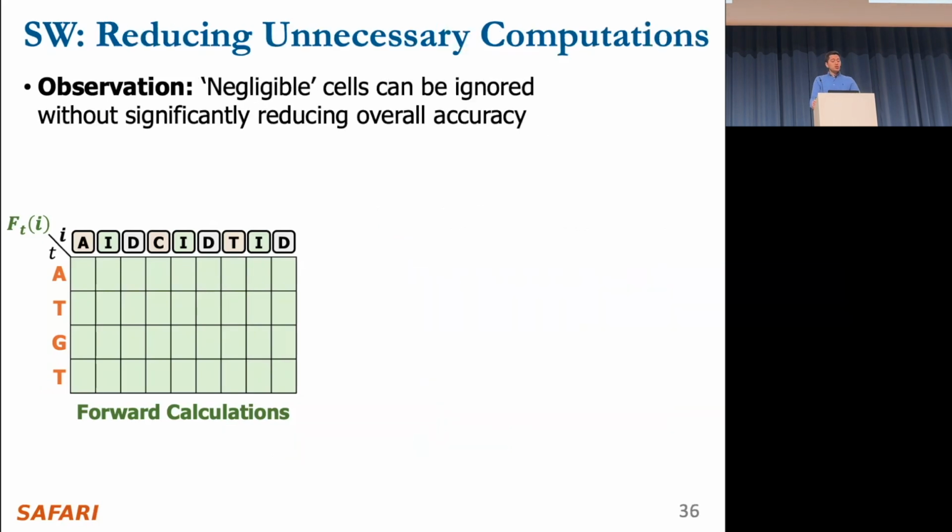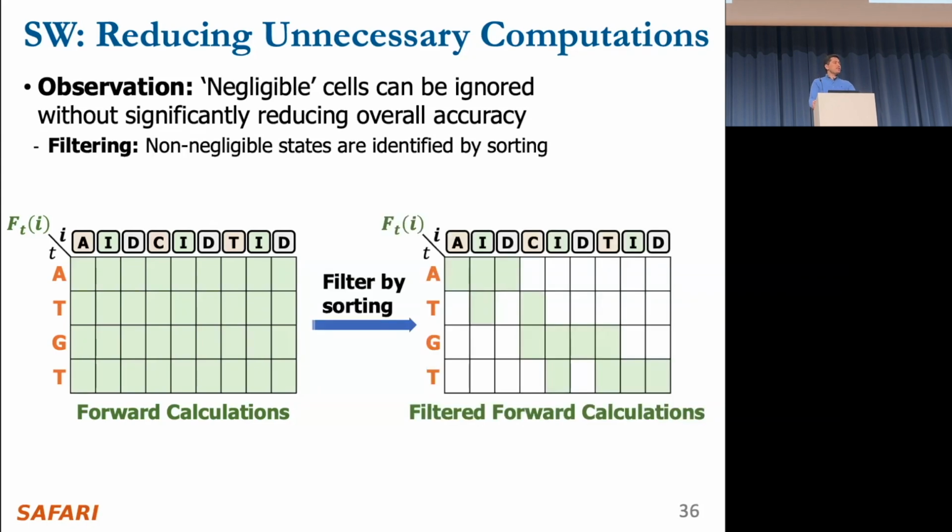And the second software optimization that we're providing is to reduce the unnecessary computations in the Baum-Welch algorithm. And what we really observe is that there are certain cells in the DP table that are really negligible, that are not really affecting the end result of the application. And our goal is to find the non-negligible states, the important states, or the important cells over here.